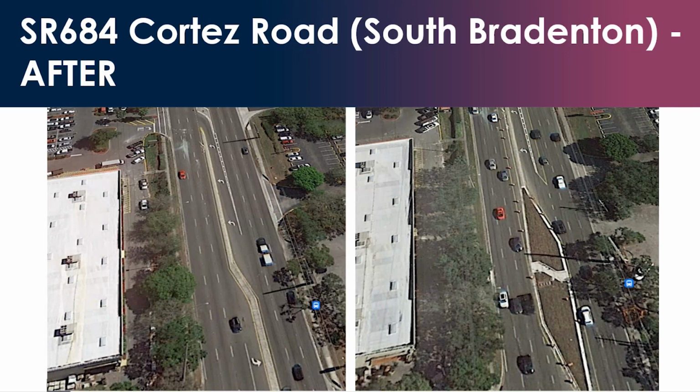Picture before and after. You can see just straight medians, and then in the picture to the right with the barrels, you can see the difference between the yellow line of the edge of the travel lane and the median. It shows you what space you're able to accomplish and grab by doing the lane narrowing.